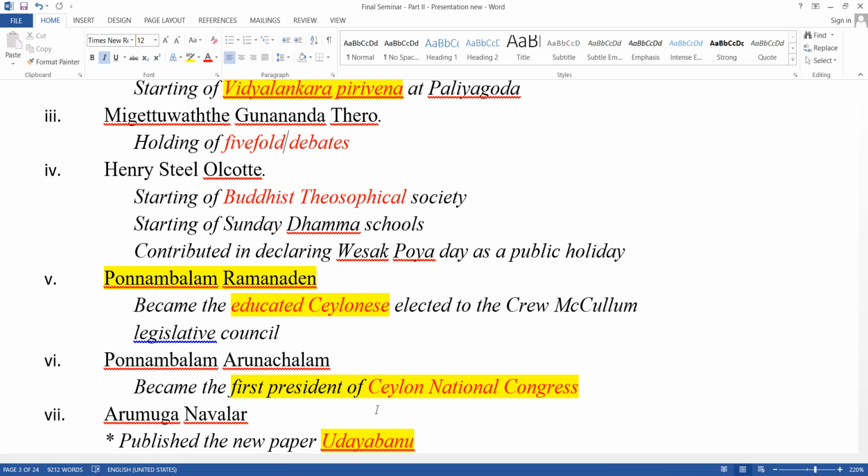It was one of the earliest organizations that worked for constitutional reforms. Lanka Congress is not this Ceylon National Congress. It was started in 1919 by the middle class leaders to get independence.